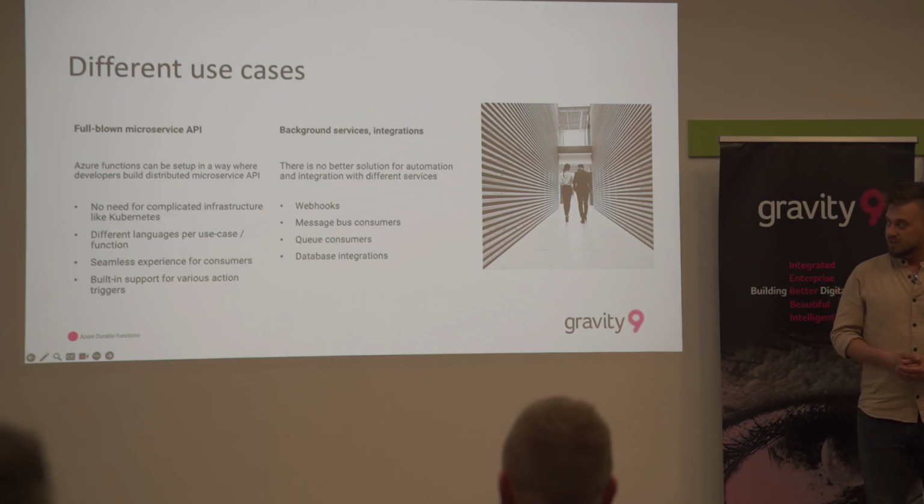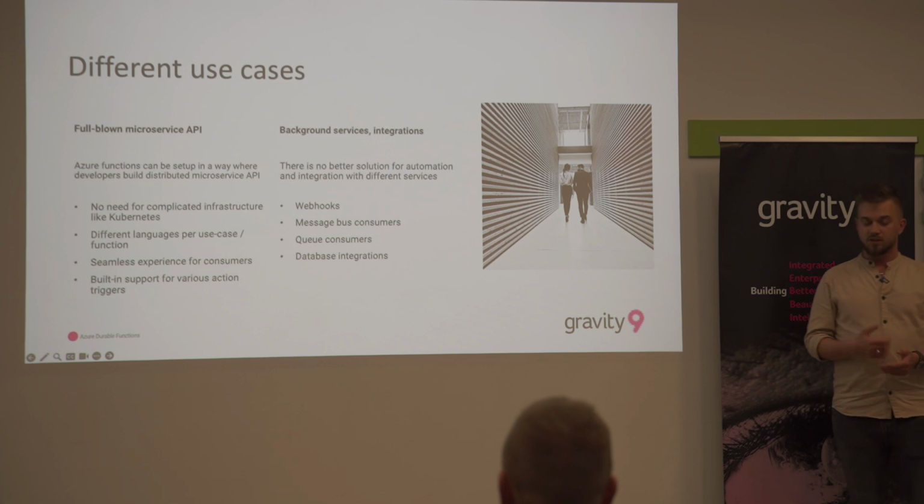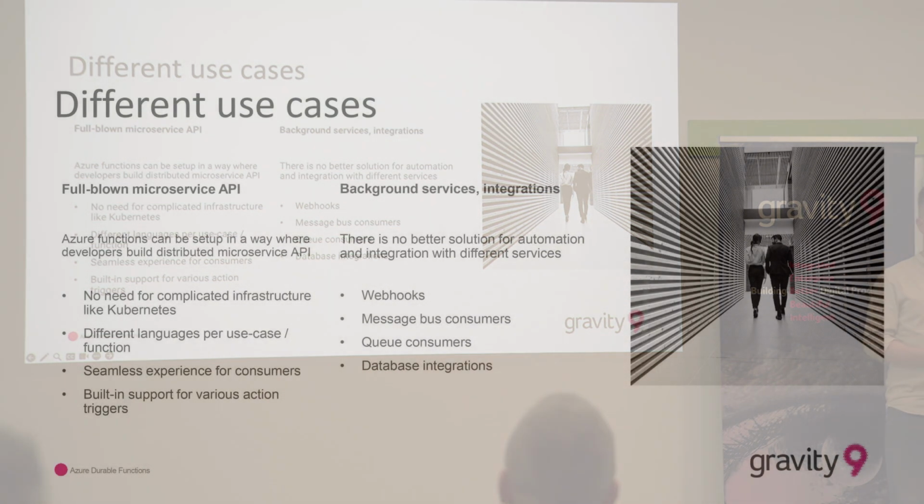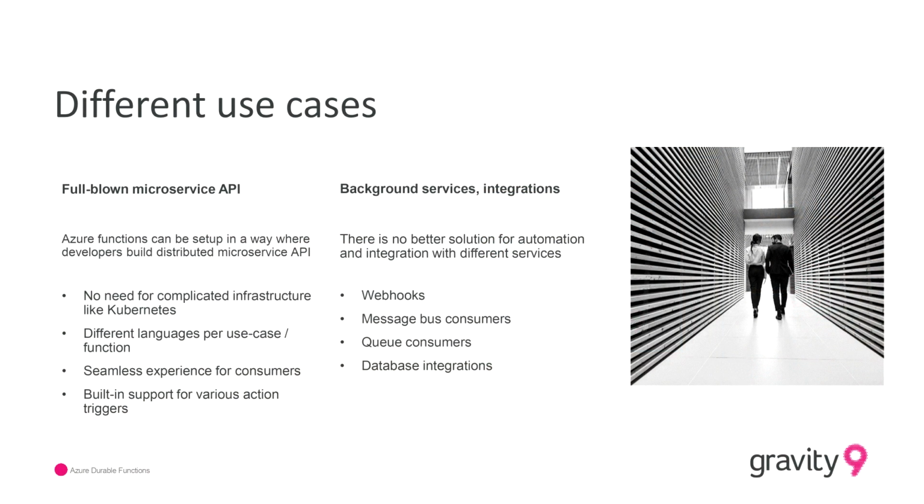As I said, it's less infrastructure, so if you'd like to build a microservice API based on Kubernetes, that's a lot of overhead especially at the beginning. So at first, when you start your implementation, you probably want to quickly deliver something to be able to actually present that to your stakeholders.